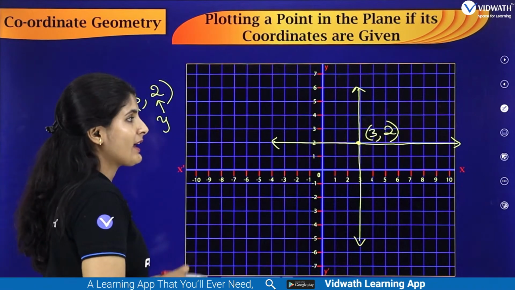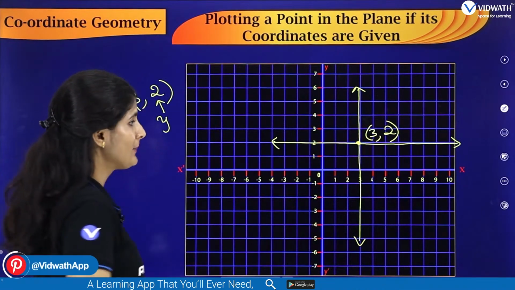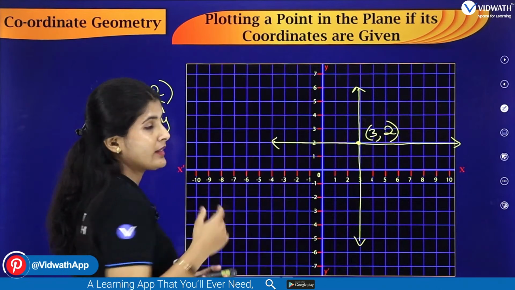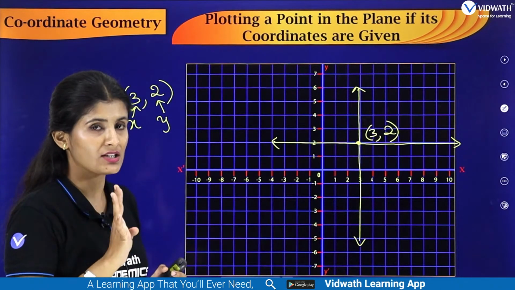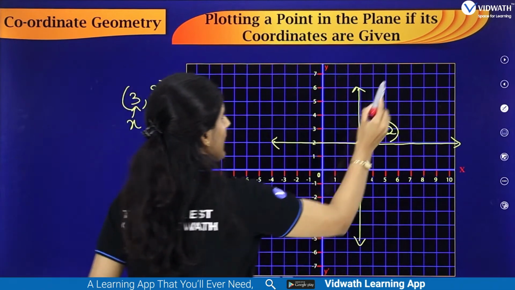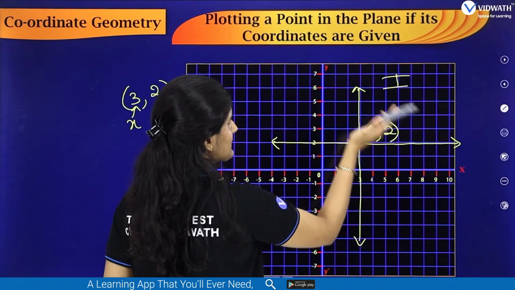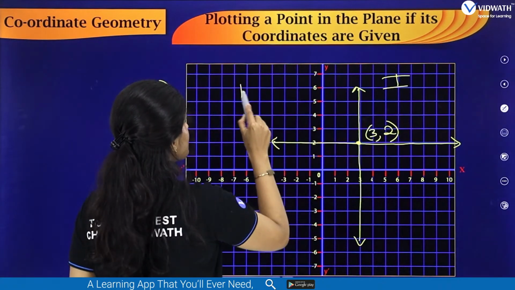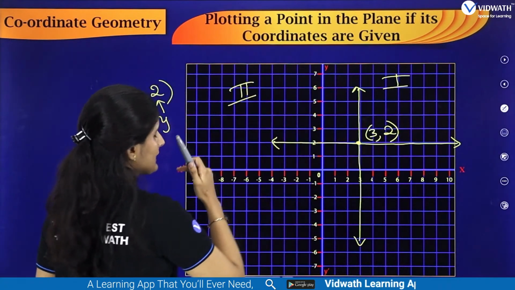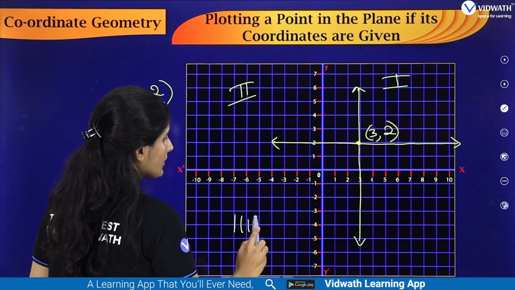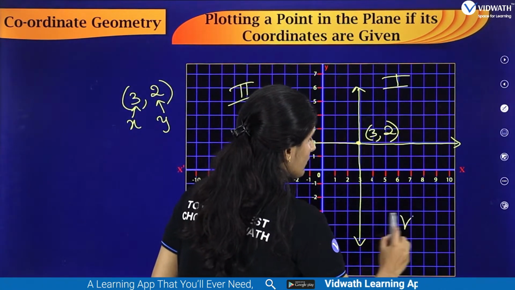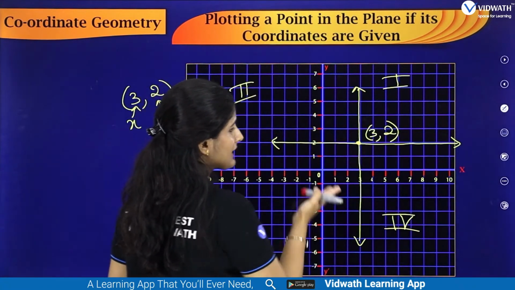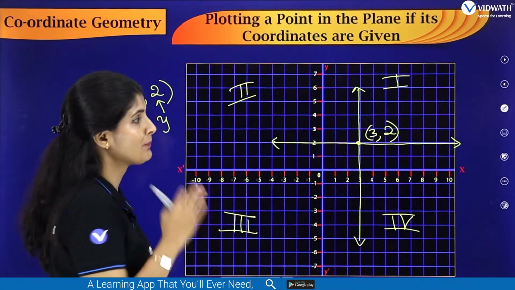Now, we have studied in the previous session that the two axes on the plane divide the plane into 4 parts called quadrants. Here we have the first quadrant between positive x-axis and positive y-axis, second quadrant between positive y-axis and negative x-axis, the third quadrant between negative x-axis and negative y-axis, and finally the fourth quadrant between the negative y-axis and the positive x-axis.